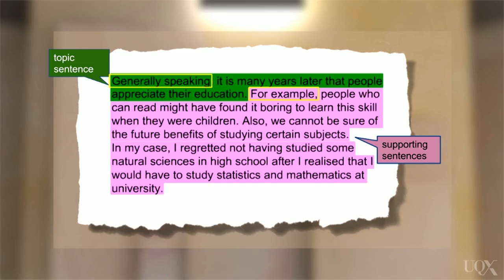The writer then gives an additional reason and uses the word "also" to show this. And finally, notice how the writer gives a personal example from his own experience. He uses the expression "in my case" to signal this.